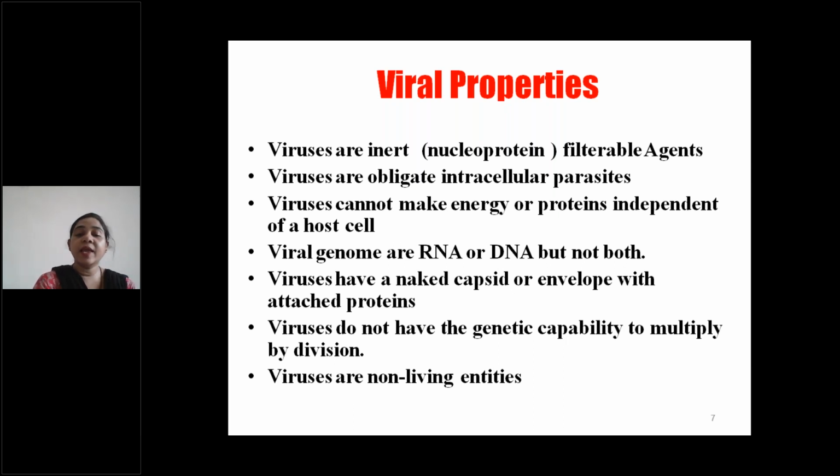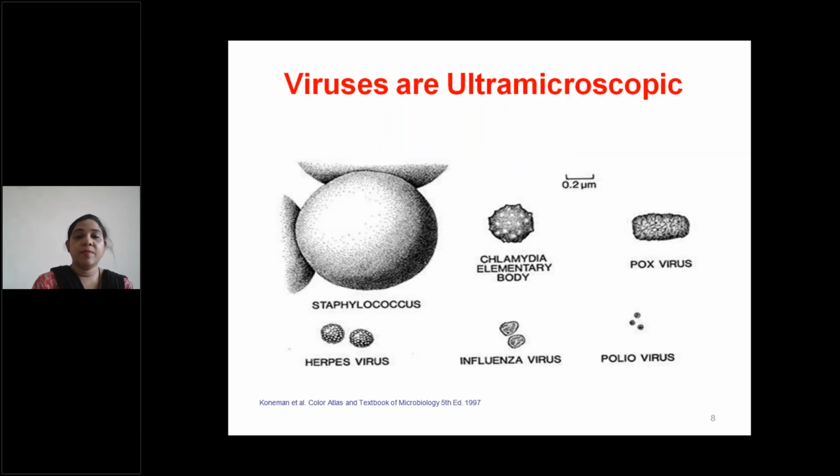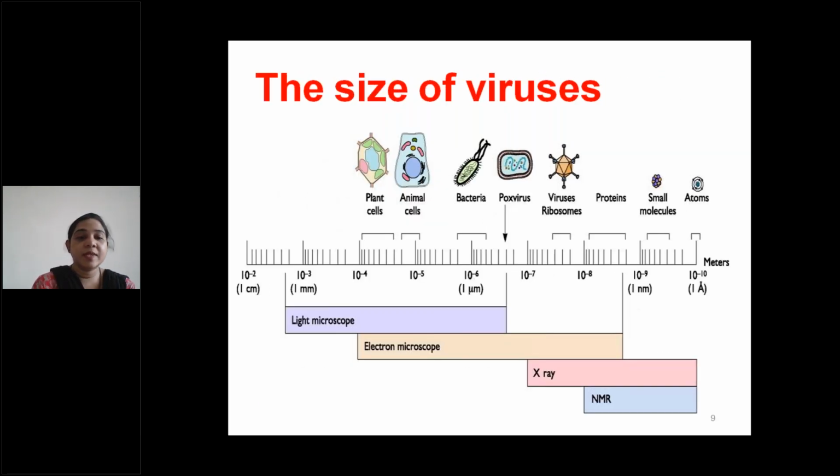Viruses have a naked capsid or an envelope with attached proteins. Viruses do not have the genetic capability to multiply by division, and viruses are non-living entities. So, size of virus. Can you see viruses?